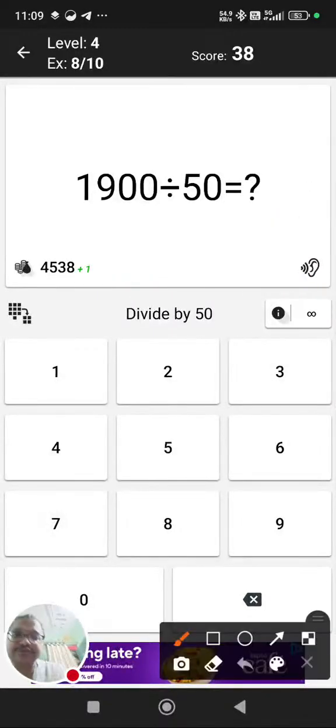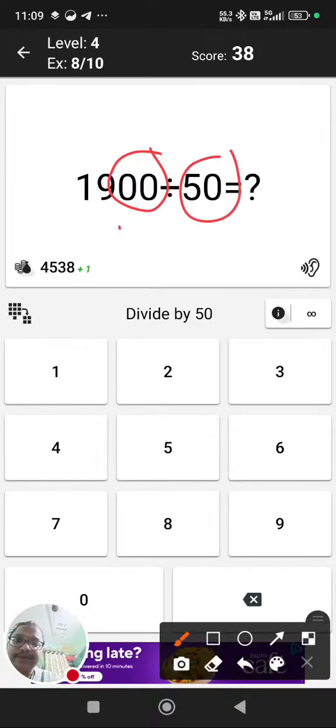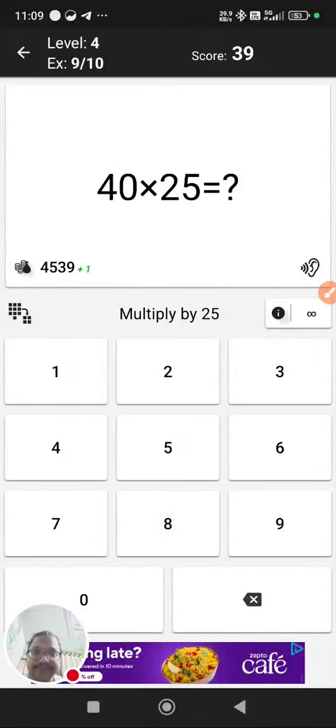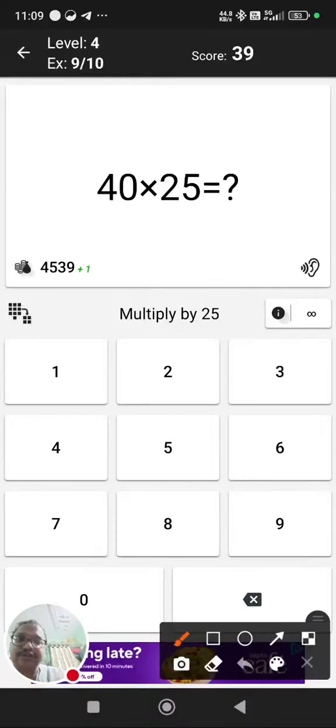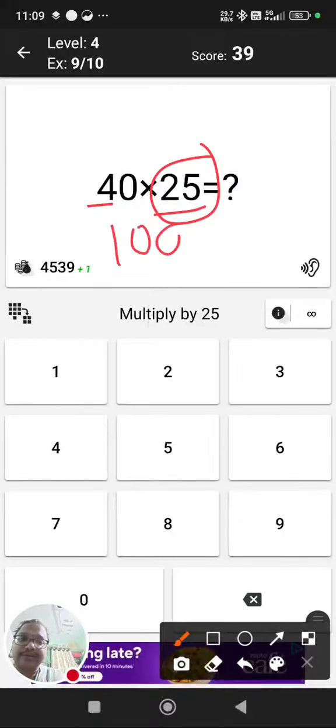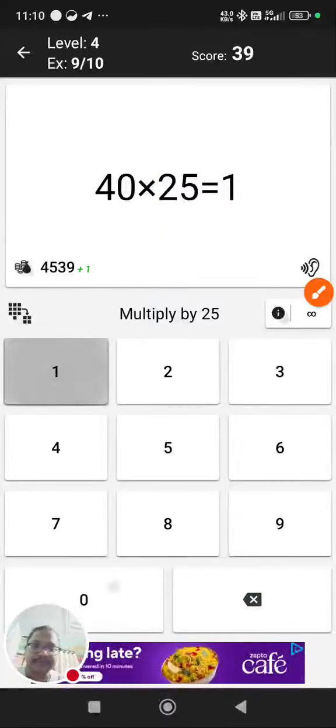So in this question we see double zeros divided by 50 means 2 times. 19 into 2 times, which will be 38. 38 is the answer. Next, here I already said that if we see 25, what we do is 100 divided by 4, or else it is very clear that it is 4 into 25, which will be 100, and one more 0, which is 1000. So answer for this one will be 1000.